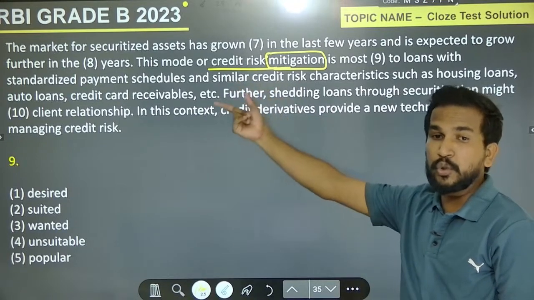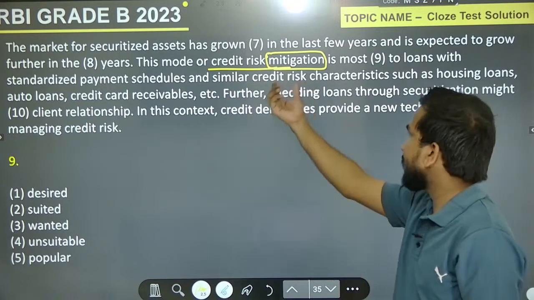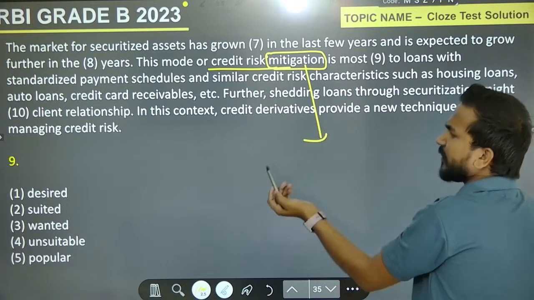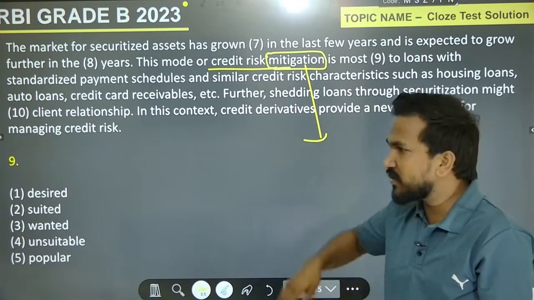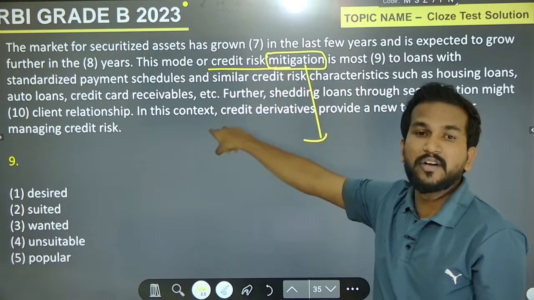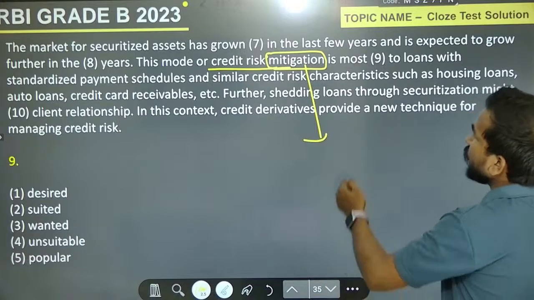The first one was through diversification, which was related to the forward reading, and the second one is mitigation. Mitigation means to make something less serious, and we have already talked about the word in that particular question. I hope third or fourth. So what must it be?